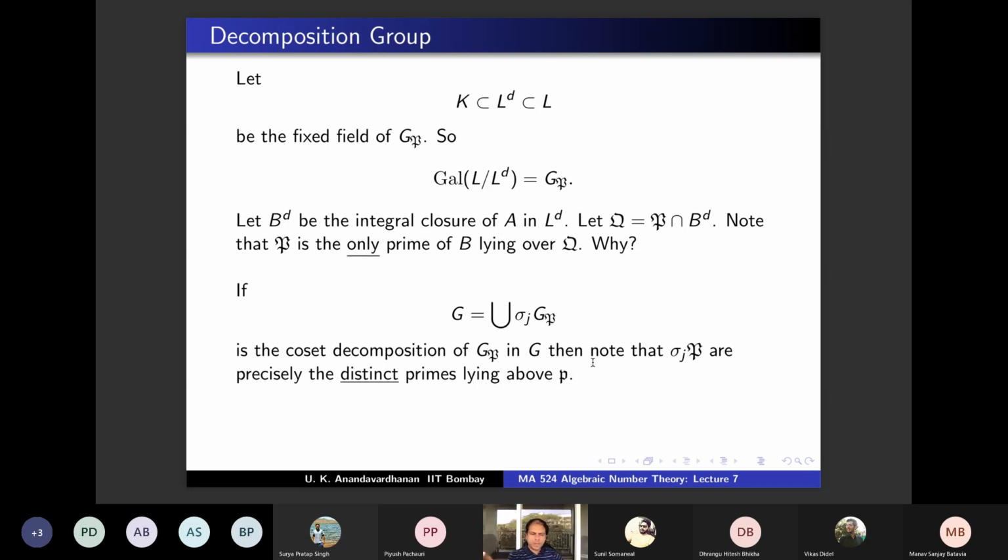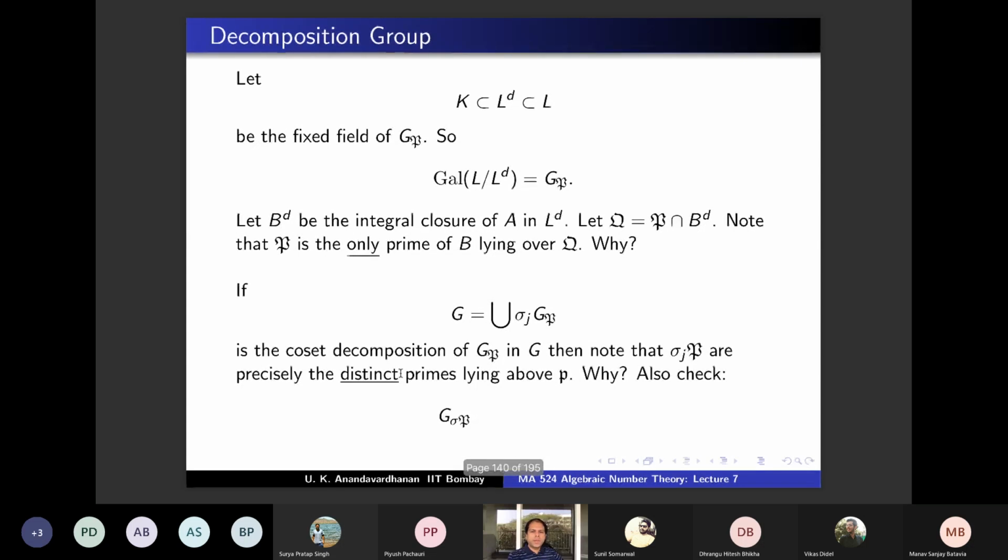So fix p, fix capital P, and anything else will be a Galois conjugate of capital P. You can take all these Galois conjugates, they are all there, and any other Galois conjugate is coming from GP, and that fixes P. So if sigma j GP equals sigma k GP, that is the same as saying sigma j sigma k inverse belongs to GP, and therefore sigma j and sigma k will not be distinct. So if you take distinct representatives, they are exactly the distinct primes by the same argument because it is GP.